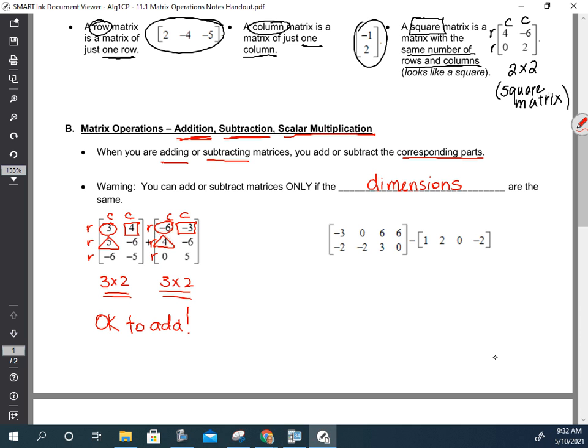The same rule applies for subtraction. First, make sure that they're the same size. You get 2 rows, 1, 2, 3, 4 columns. So this is a 2x4. This second matrix, 1 row, 4 columns, that's a 1x4. Not the same dimensions.